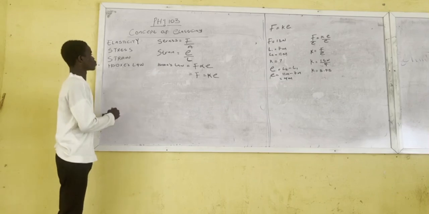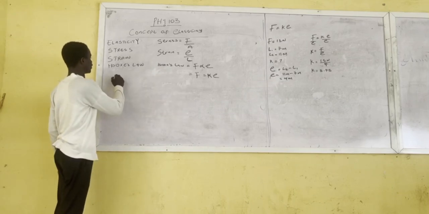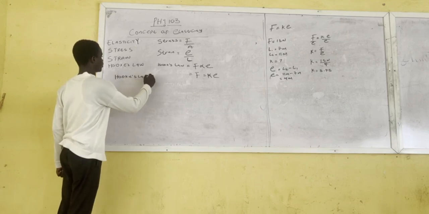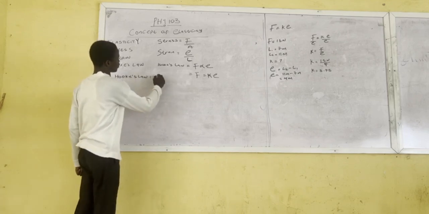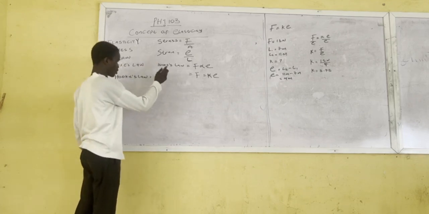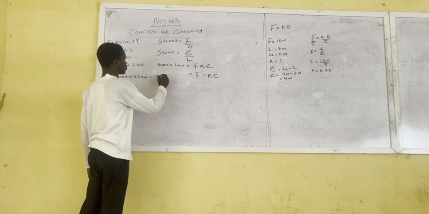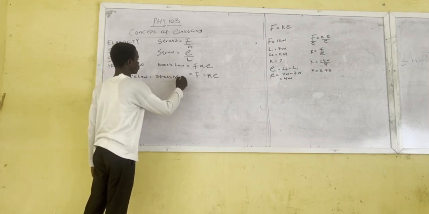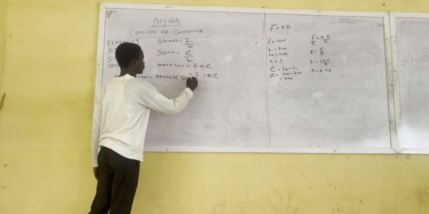So Hooke's law gave us another important relationship, because Hooke's law states that aside from force and extension, it also states that stress is directly proportional to strain.